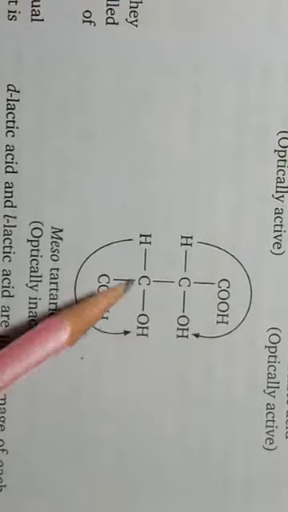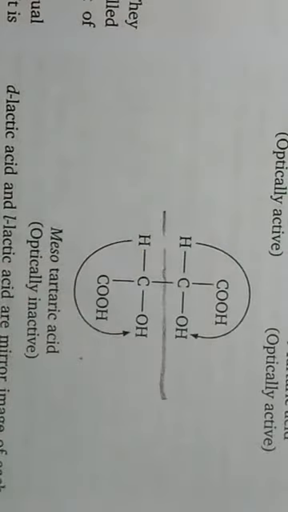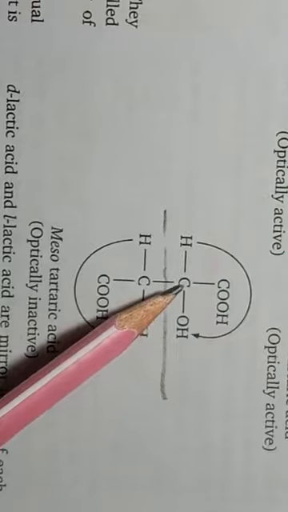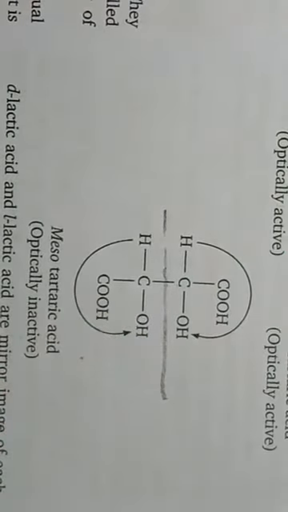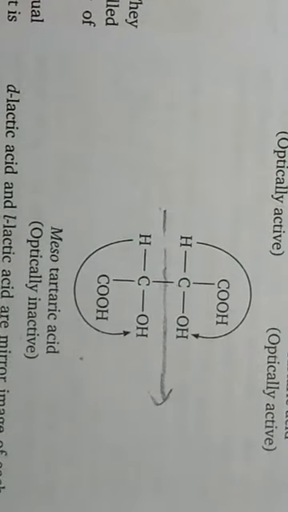As you can see in this structure, due to the presence of this line of symmetry, this compound is optically inactive, whereas it is having 2 asymmetric carbon atoms in it.